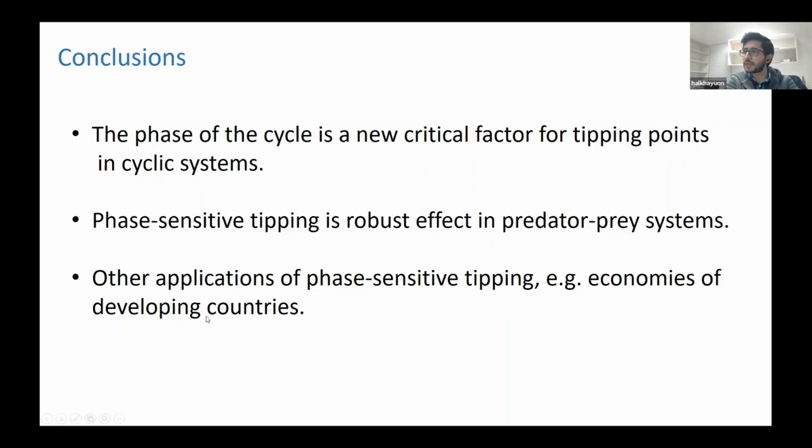And finally, one might think that non-stationary systems are likely to have this phase-sensitive tipping. As an example here, we can look at the investment in economies of developing countries.